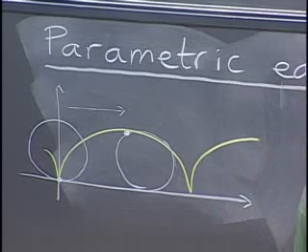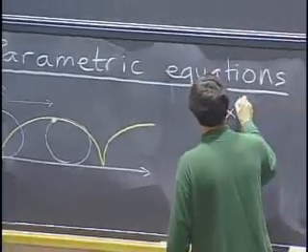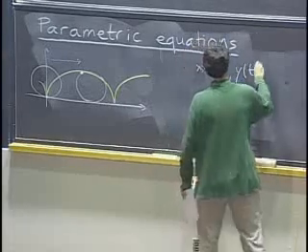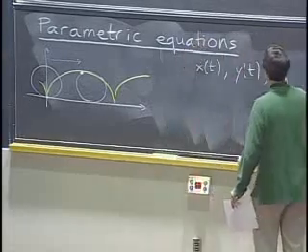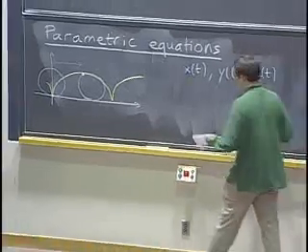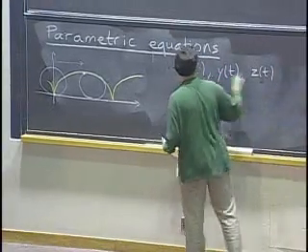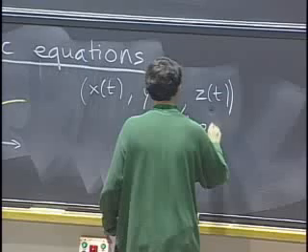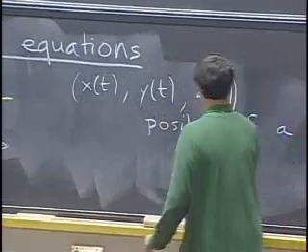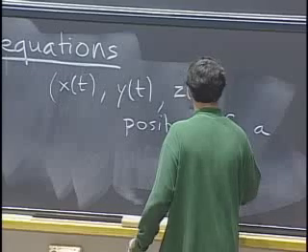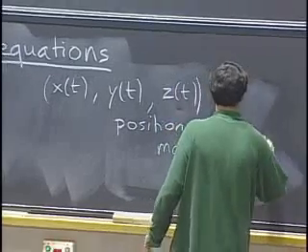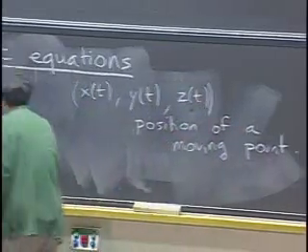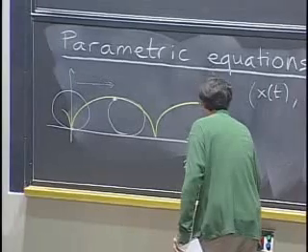So remember, in general, we are trying to find the position, so x of t, y of t, maybe z of t if we're in space, of a moving point along a trajectory. And one way to think about this is in terms of the position vector.